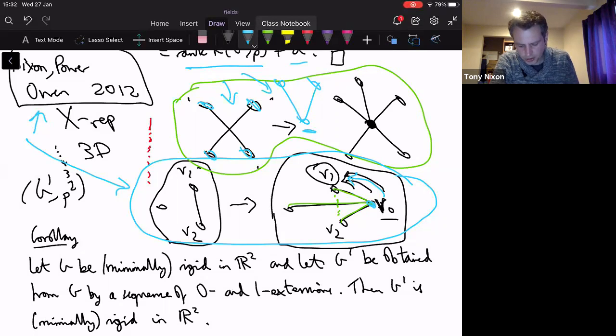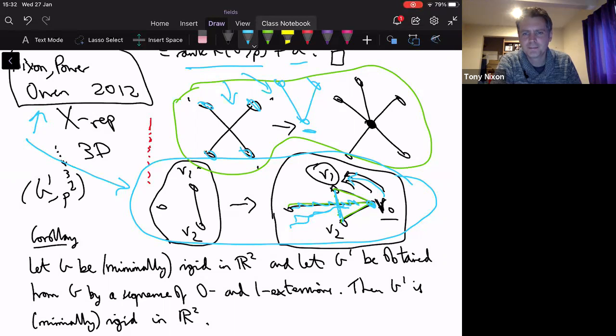But the only important things, I think, were that you tend it to one neighbor of the removed edge. So this edge, the third one, or the fourth, fifth, sixth, whatever dimension you're in, I think just come along for the ride, and you just need the right number for the rank to go up by the right amount, and basically a zero extension for it to be okay. So I think it works in D dimensions, but it's not formally written down anywhere.